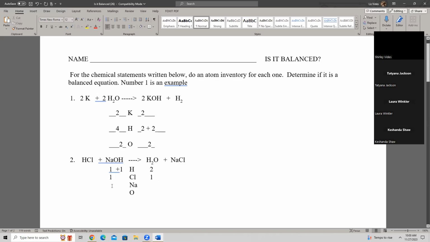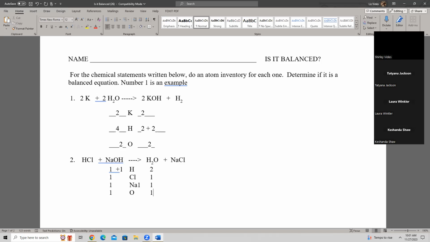On this side, we have 1 sodium. On this side, we also have 1 sodium. And on this side, we have 1 oxygen. And on this side, we also have 1 oxygen. So this equation happens to be balanced naturally. You see that? Everybody is perfectly in sync.